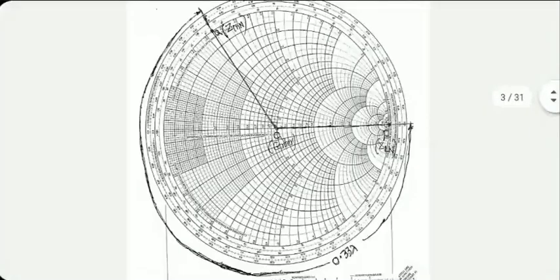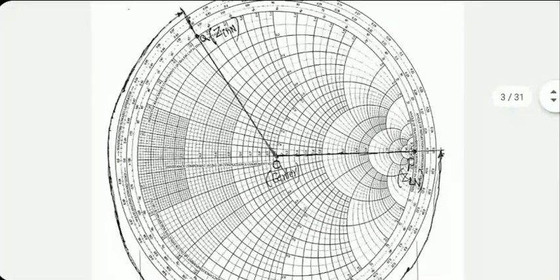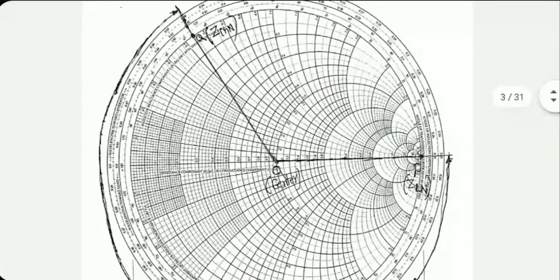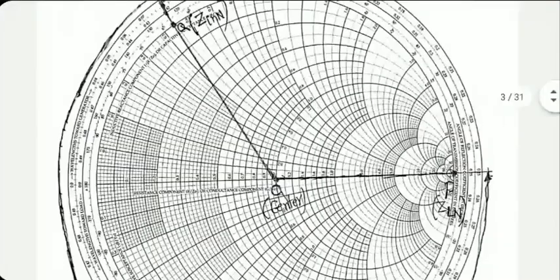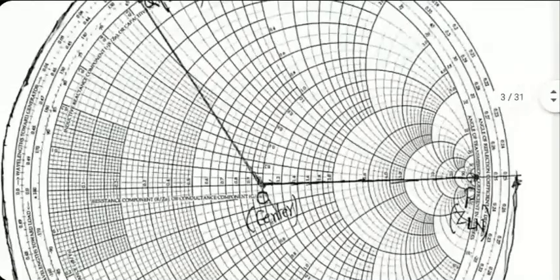On the chart, if you recall, I told you there are constant resistance circles, which are the full circles, almost full circles, and constant reactance circles, which are partial circles in the upper half and lower half. Look at the full circles. The value of RLN for each circle is given.